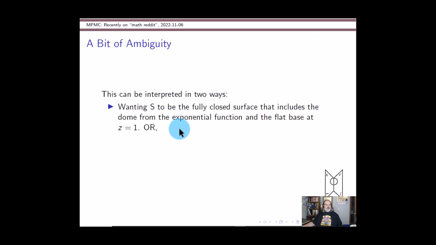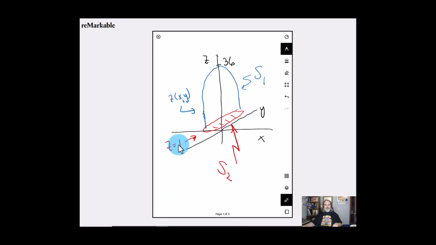The question there is, let me get back here to my picture. Do we want the surface to only be the dome down to where it does hit z equals 1? Or do you want this floor at the plane itself also included as part of the surface?